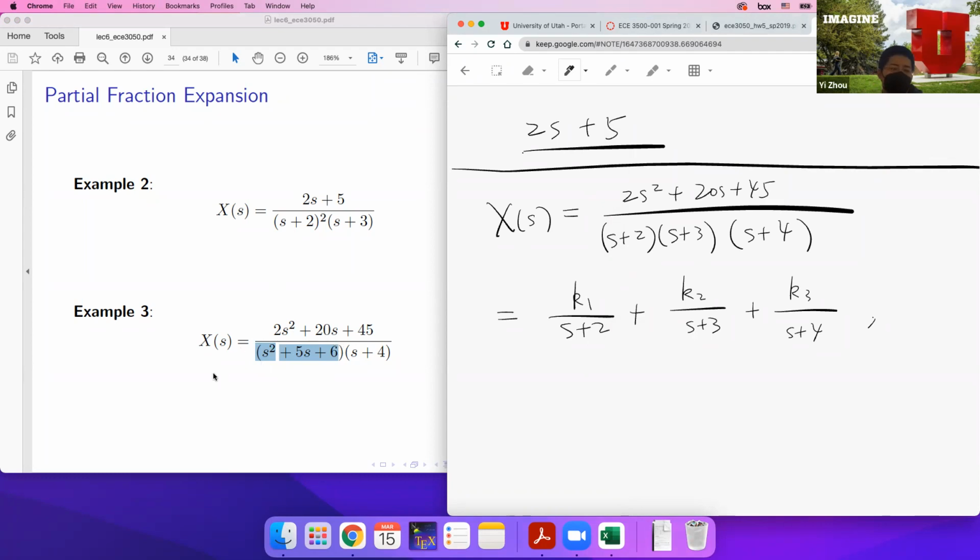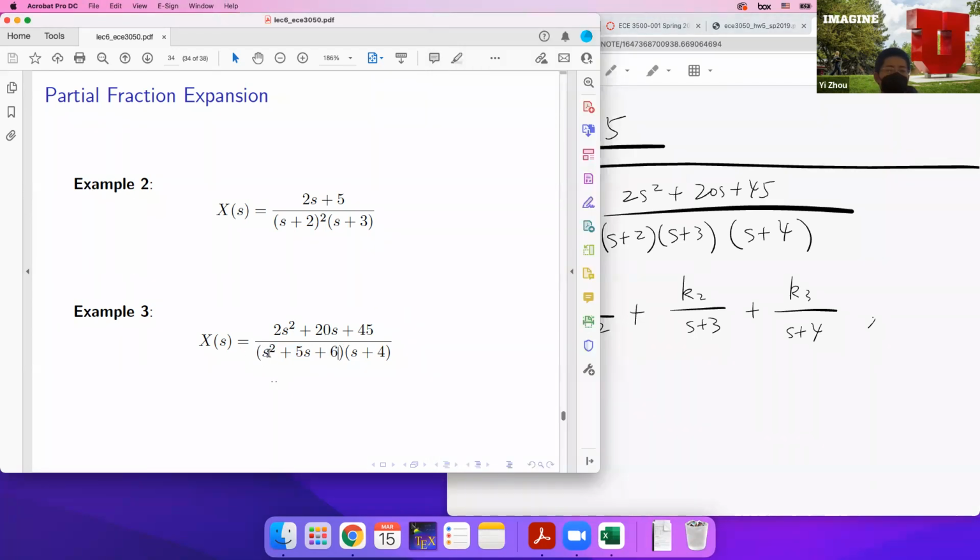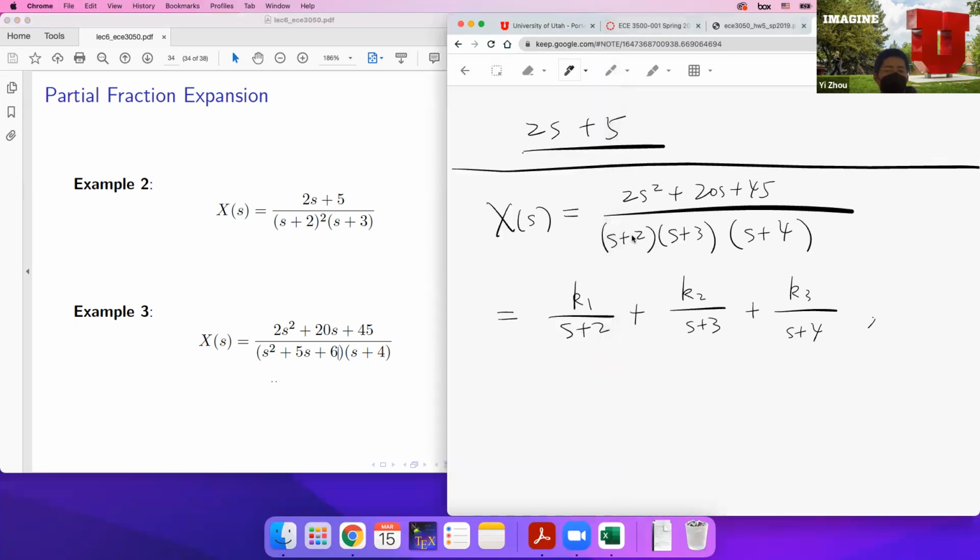But in general, for example, if here we have S squared plus 1 only, the roots will be the complex unit J. And then this will become S plus J and S minus J. So you can still do the partial fraction expansion.